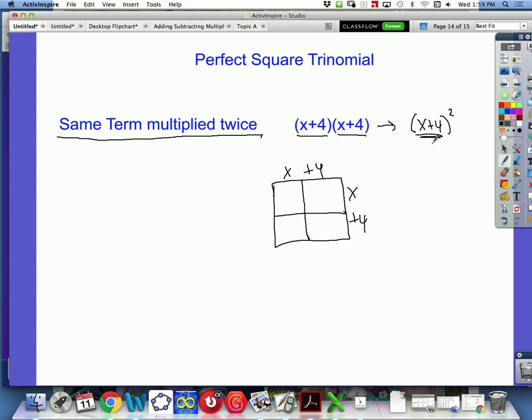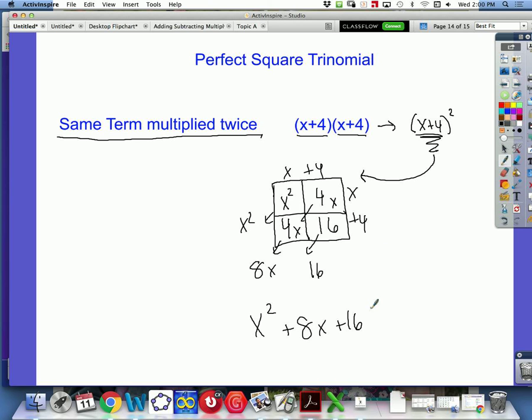Even if it's written like this, we still have to write it like this. So I do x times x, which is x squared. 4 times x is 4x. 4 times x is 4x. And 4 times 4 is 16. We go diagonally, and we get x squared, 8x, and 16. So our answer is x squared plus 8x plus 16.